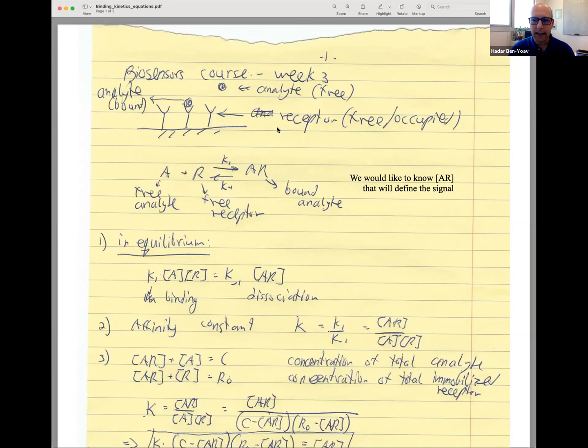We have the free receptor that is not bound to analyte. And there is the receptor analyte bound complex. So we have 3: the analyte, the receptor alone, and the complex of the analyte receptor. We would like to know what is AR. Remember, the complex tells us the signal itself, because whenever it's bound, we have the signal.